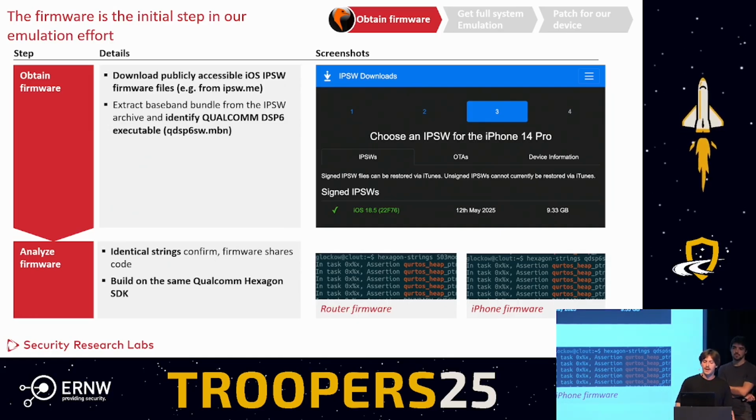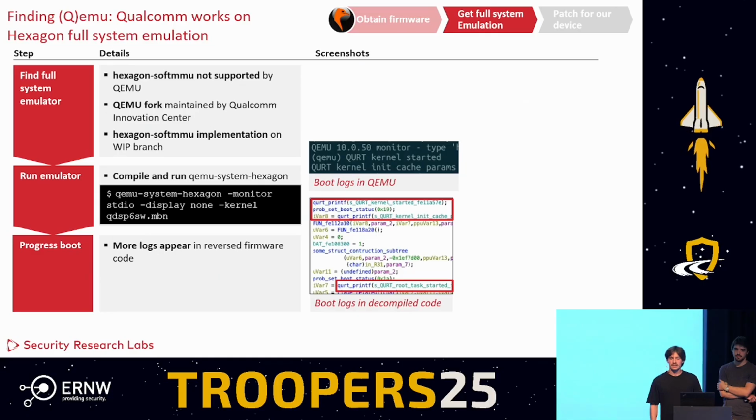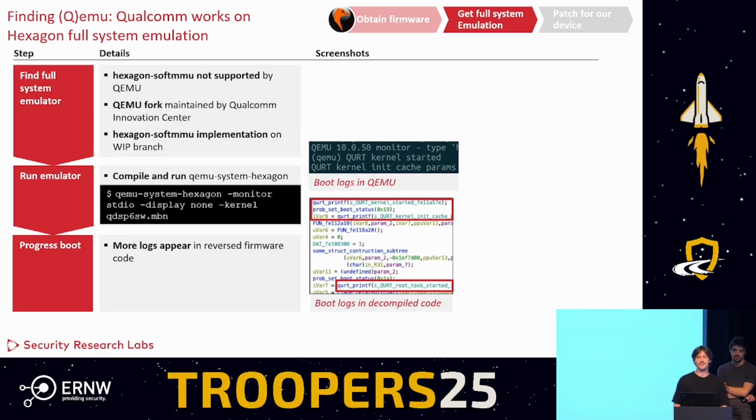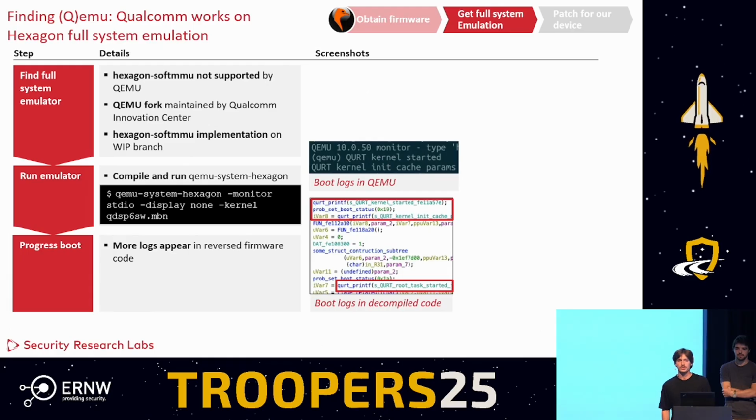So having this firmware, we will go on and try to find full system emulation. Bruno hinted that the journey was a lot of pain and a lot of serious engineering work. But in this case, we got quite lucky. The default QEMU won't support Hexagon full system emulation, right? So the Hexagon soft MMU is not supported.